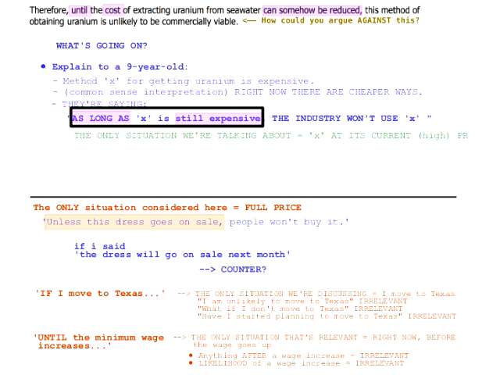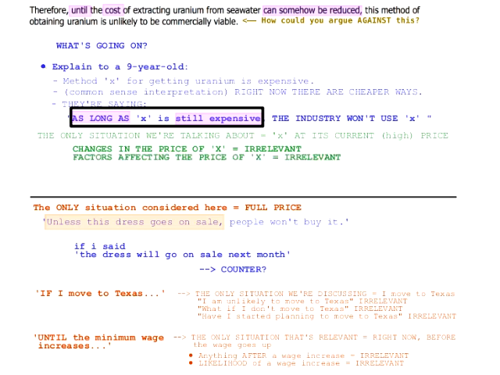This is the only thing that we are thinking about. So any changes in the price of X, we don't care. Irrelevant. Factors affecting the price of X, irrelevant. You get the point.